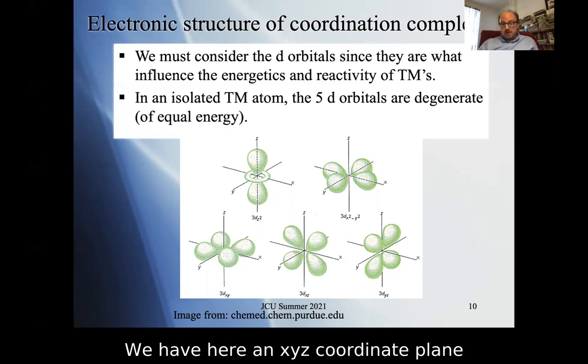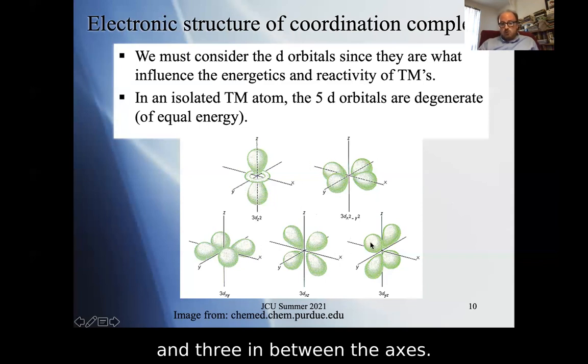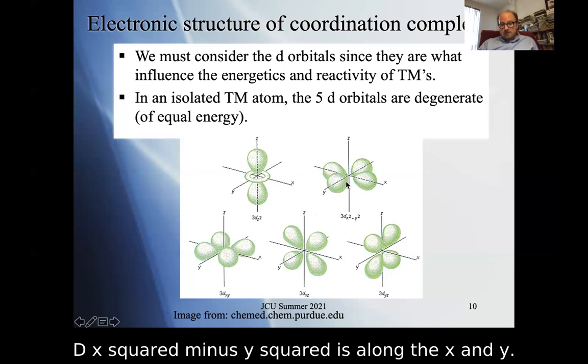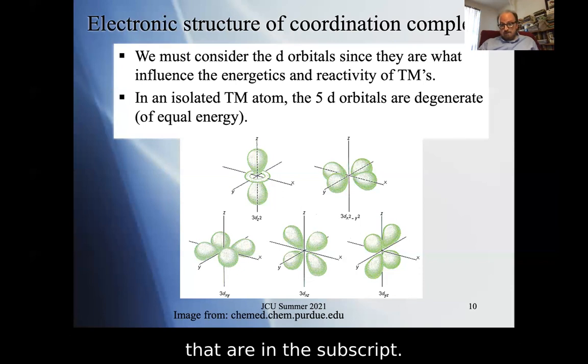We have here an xyz coordinate system, and we're going to have two orbitals along the axes and three in between the axes. dz squared is along the z, dx squared minus y squared is along the x and y, and then xy, xz, and yz are all in between the axes that are in the subscript.